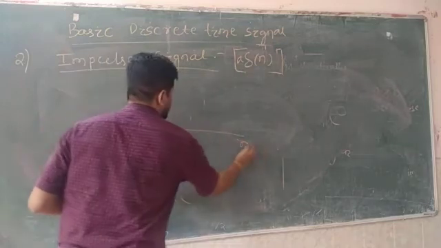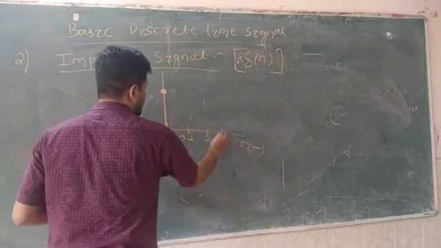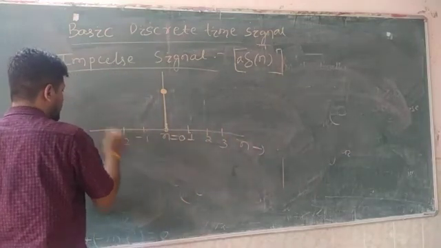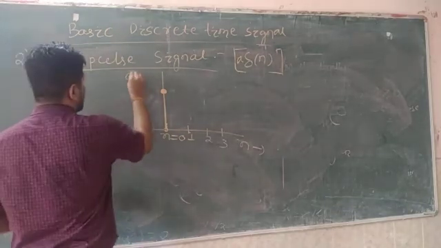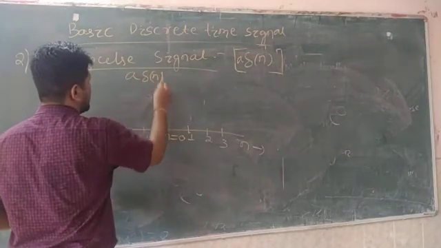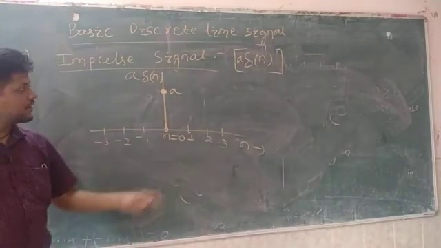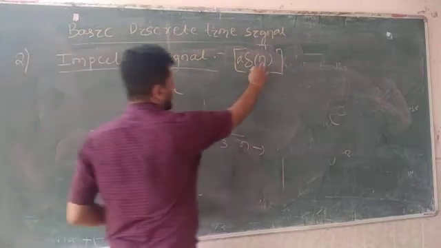This is your n axis and this is your origin, n is equal to 0, n is equal to 1, n is equal to 2, n is equal to 3, like that, and here n is equal to -1, -2, -3, like that. So this is your graph for A of del n. Here this impulse height is A, and where do we define this impulse? This impulse is defined only at origin.